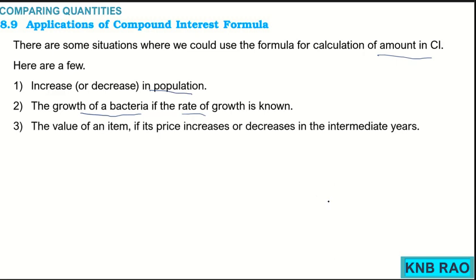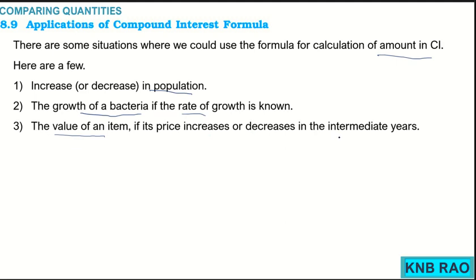Again, this also takes place in compounded form. And one more life example where we have compound increment or decrement is appreciation and depreciation of any item. So the value of an item appreciates, increases in compounded form, or even depreciates, that is, decreases in compounded form in the intermediate years.